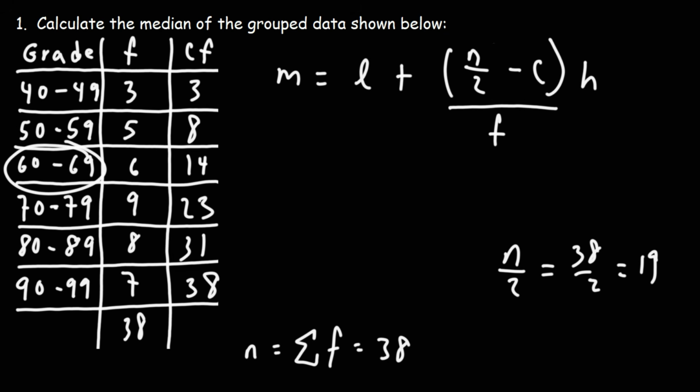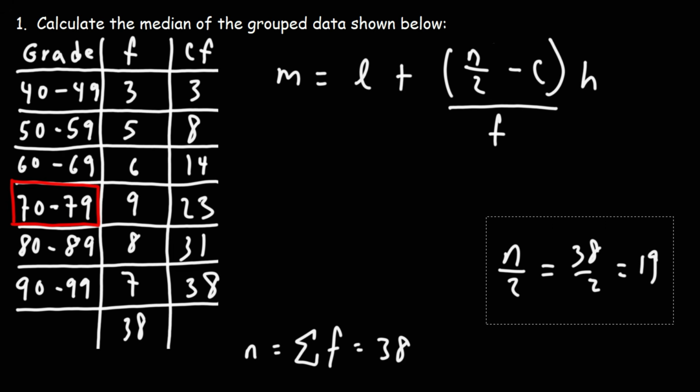The third interval has the 9th term all the way to the 14th term. The fourth interval has the 15th term to the 23rd term. So the 19th term is in this interval. So this right here is going to be the median class. The median is somewhere between 70 and 79. That's where the middle number is going to be.